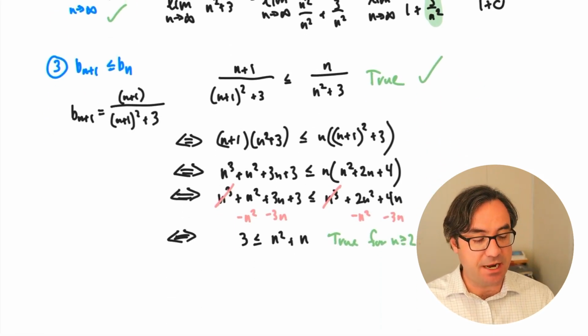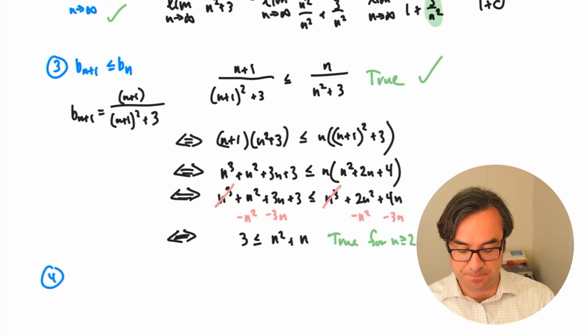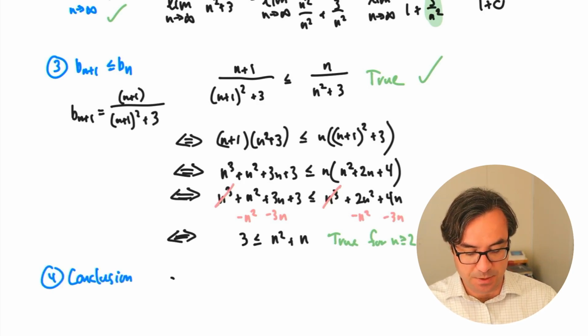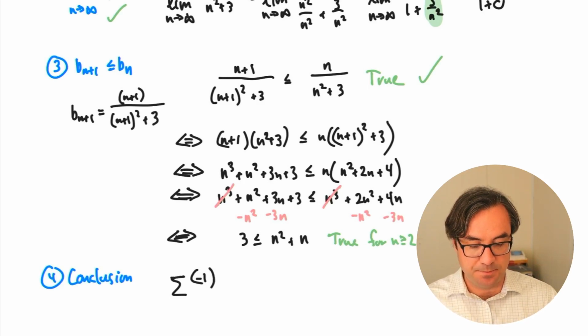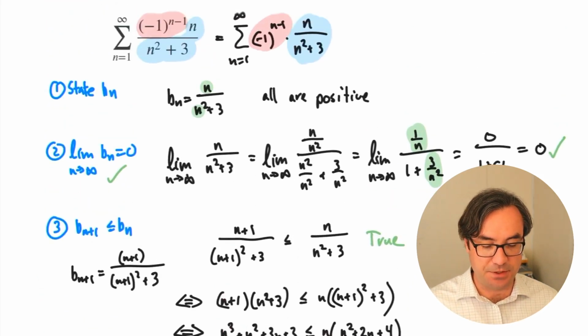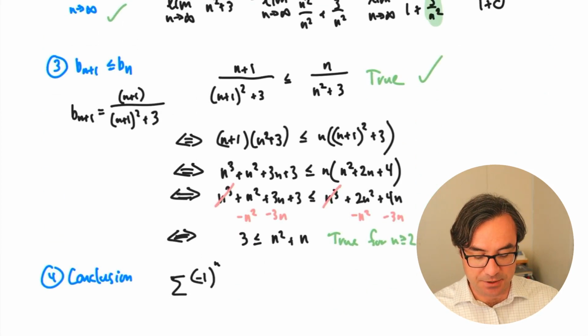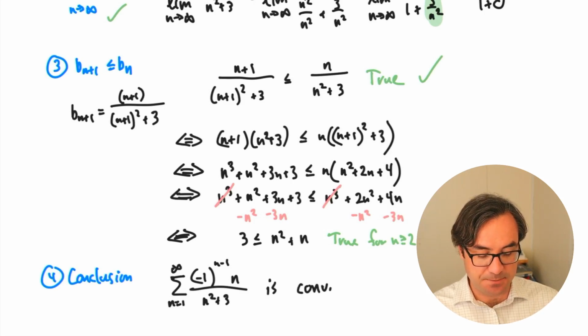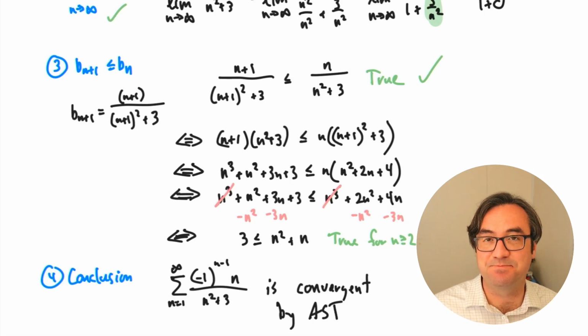So now we can state our conclusion. The sum of negative 1 raised to the n minus 1 times n over n squared plus 3 from n equals 1 to infinity is convergent by the alternating series test.